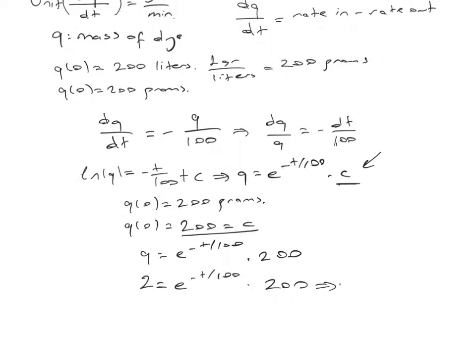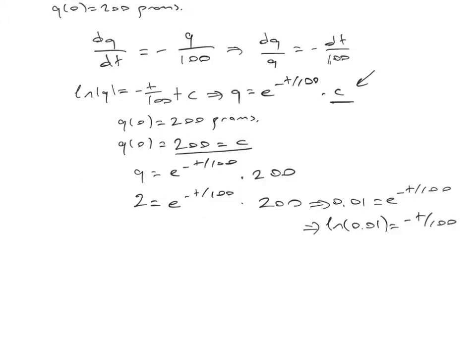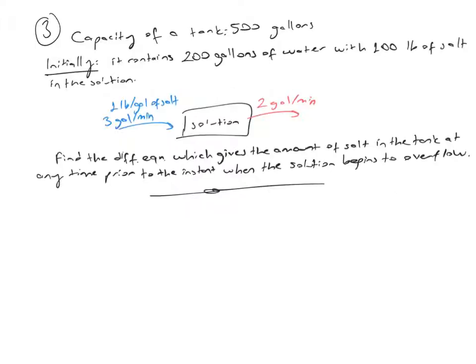And from here, 0.01 is equal to e to the minus t over 100, and ln 0.01 is equal to minus t over 100. And from here, t is equal to minus ln 0.01 times 100, and t is equal to 460.5 minutes.